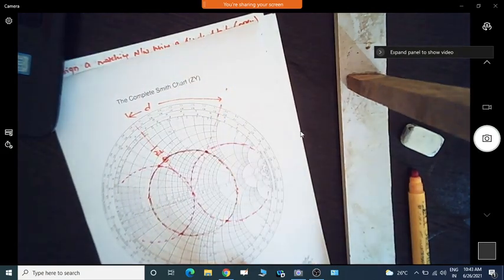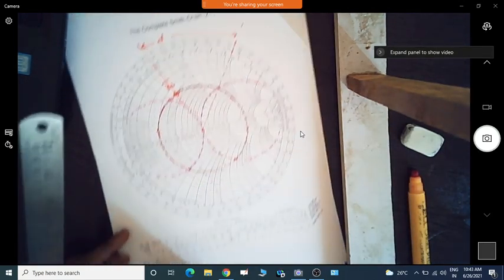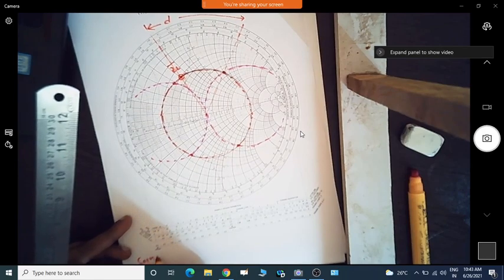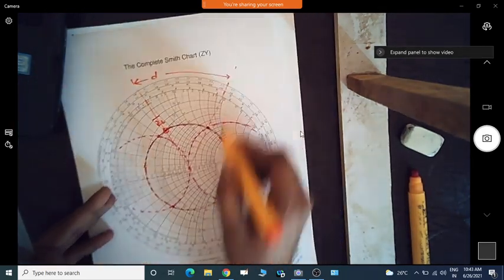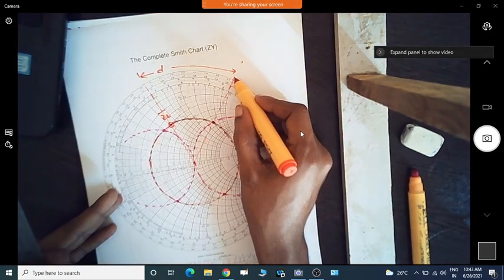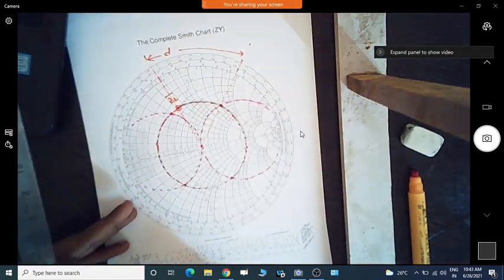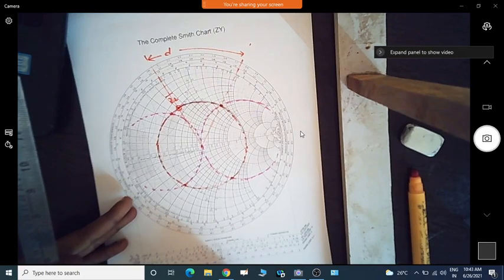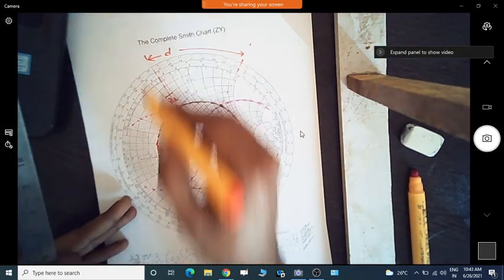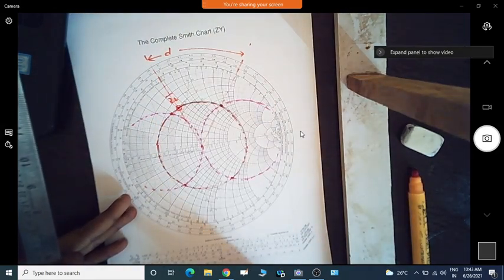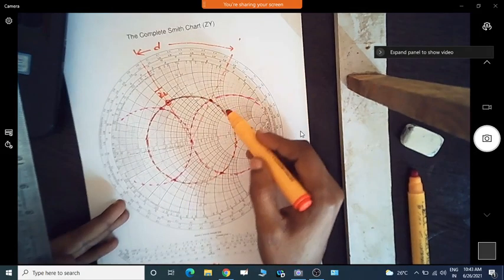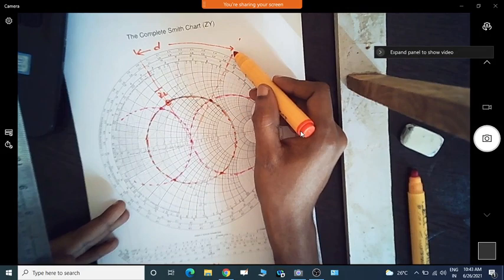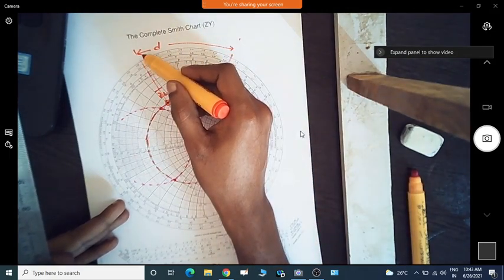For solution 1, I am moving the distance d, which is equal to 0.174 minus 0.094. This point is 0.174 and here it is 0.094.